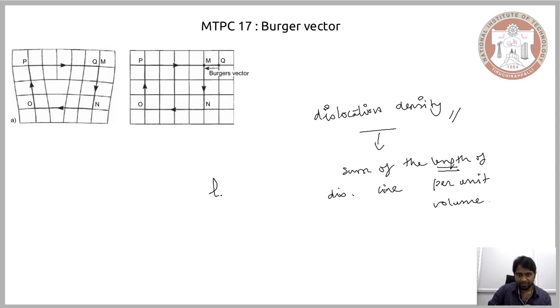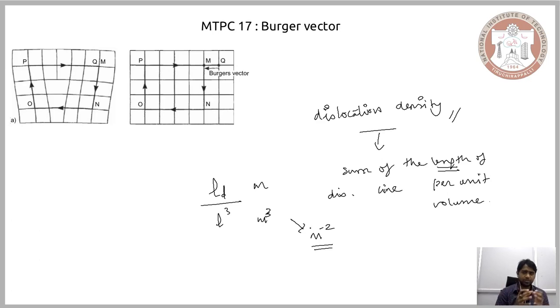So if LD is the summation of all the lengths of the dislocation lines, you consider the length of individual dislocation lines and sum it together, and then you consider the volume of the material, which should be L cube, then you would have your dislocation density. Since this is in meter and this is in meter cube, the unit of the dislocation density is per meter square. So this is how we calculate the dislocation density.